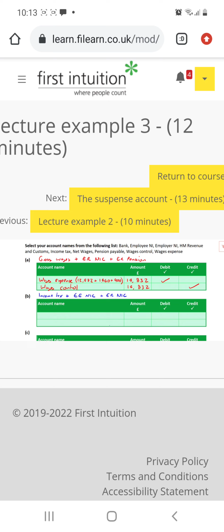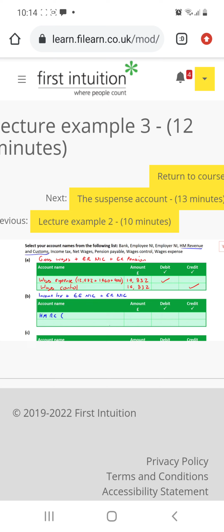Now, in terms of what I'm trying to do, well, look, this doesn't belong to us. Fundamentally, these are the sums of money that we now need to hand over to HMRC. So I'm just going to abbreviate to HMRC, but it is HM Revenue and Customs. That's the account I'd be recording against now, so that's what I would select off my drop-down menu.